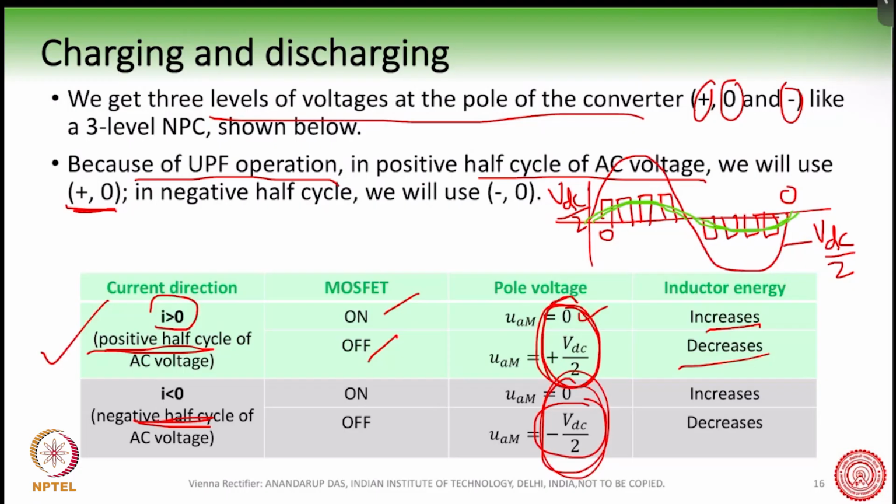This is very familiar to us, and we can now see that the Vienna rectifier has very much similarity in operation, looking from the boost PFC side or looking as an inverter side.